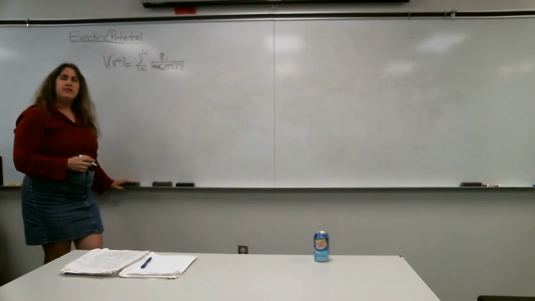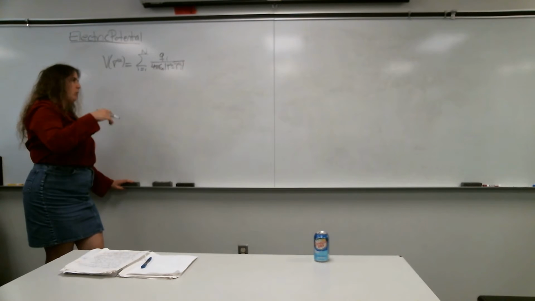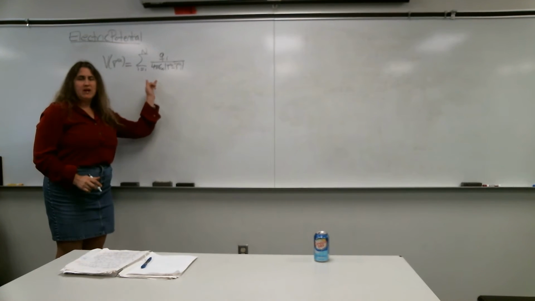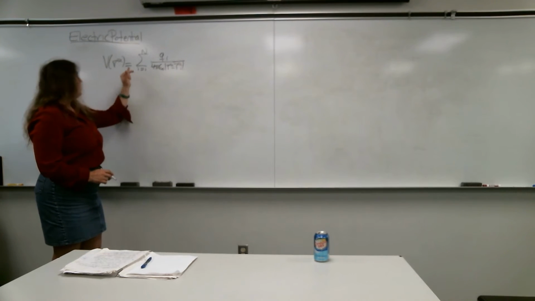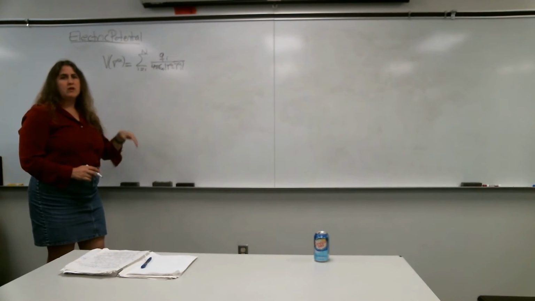If you happen to have a continuum of charge, in the same way that you could replace the summation sign with an integral sign when you were calculating electric fields, you can replace this summation sign with an integral sign.